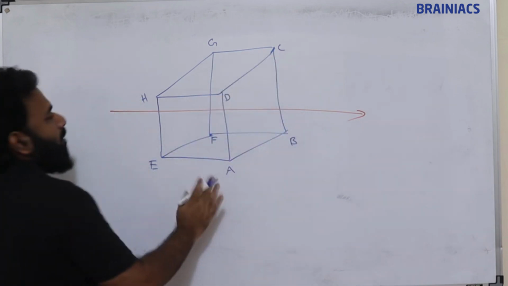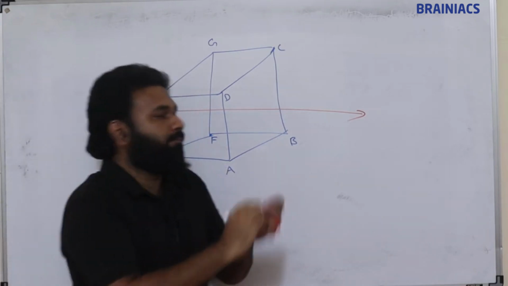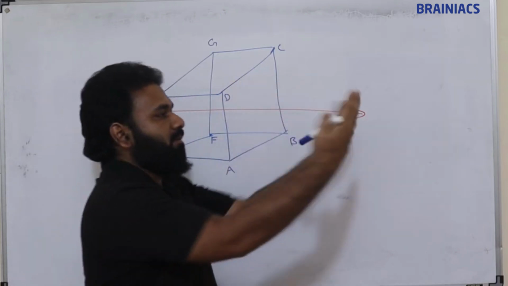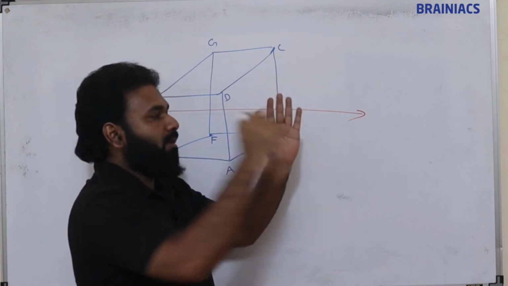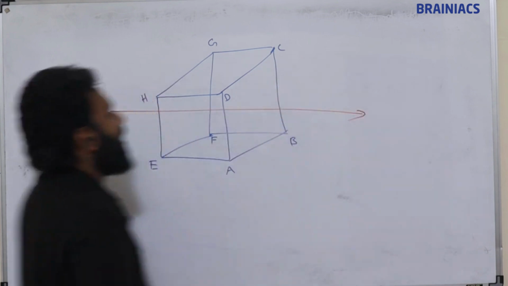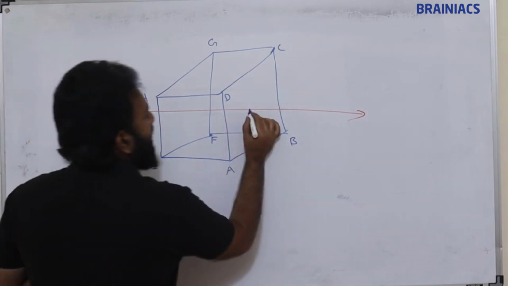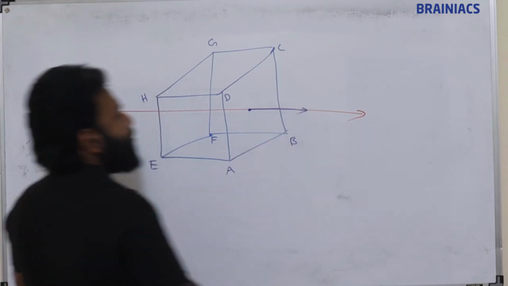So this is just like a square cube, kept like this. Magnetic field is going in that direction. If we take the area vector of this face, it is moving like this.